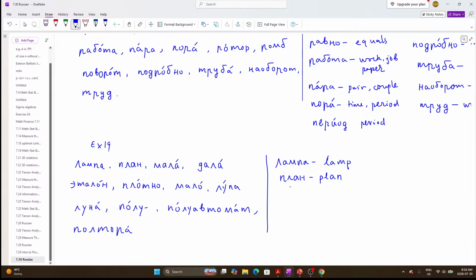Mama, oh sorry, мала and мало. Мала is feminine. Мал is masculine. Мало is neuter. And they all mean small. I think it's an adverb for small. Дала, she has given.